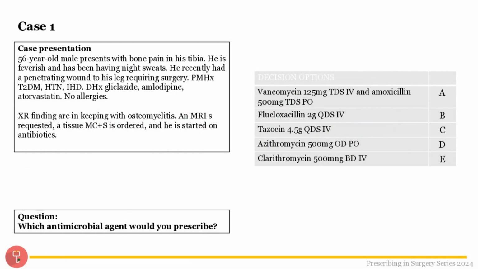Okay, so we've got some answers there for vancomycin and amoxicillin. Any more?